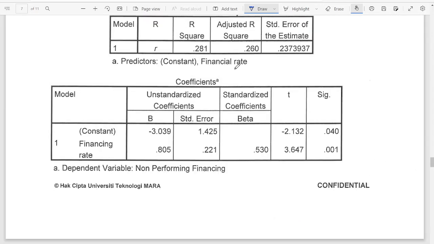So here you have the R squared value 0.281. So R squared value is actually the square of the value of R. So kalau nak dapatkan value of R, you just take the square root lah. So take the square root of 0.281. So you get 0.530. So you get here lebih kurang 0.53.